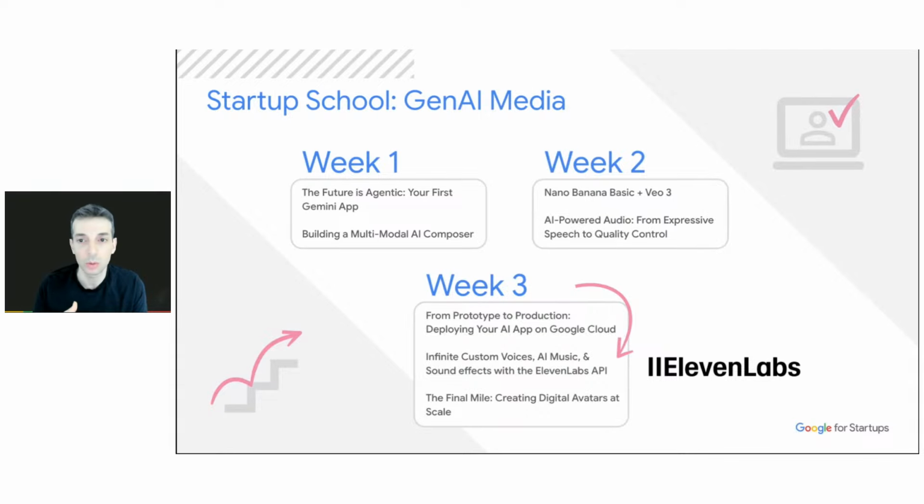And now we are in week 3. Yesterday we had a deep dive of how to actually go to production with a scalable approach. And now you'll learn again about custom voices, AI music, and so much more. Tomorrow, join me, and we're going to do avatars, which are another fascinating topic in the realm of generative media.